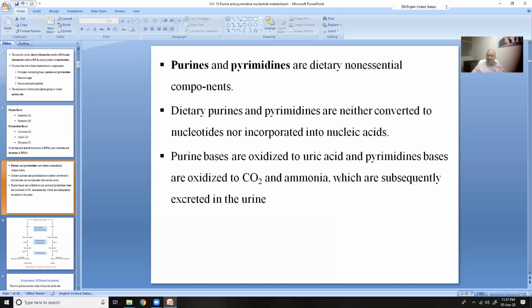So purine bases, adenine and guanine, are giving us uric acid, but uracil, thymine, and cytosine are giving us carbon dioxide, water, and ammonia.